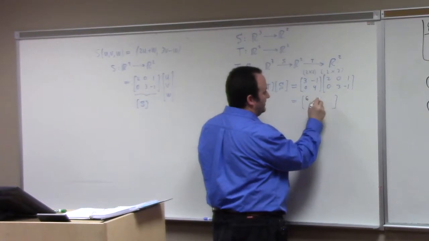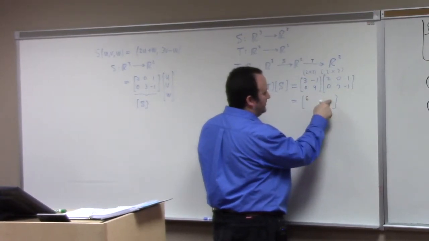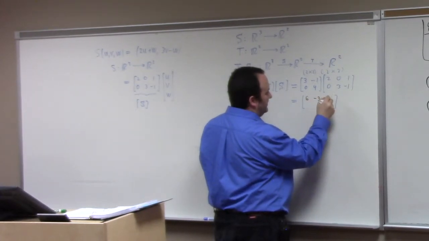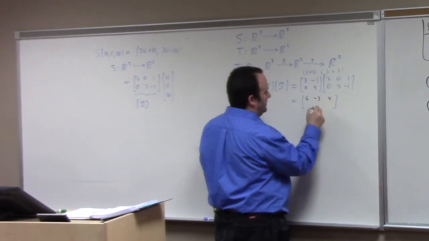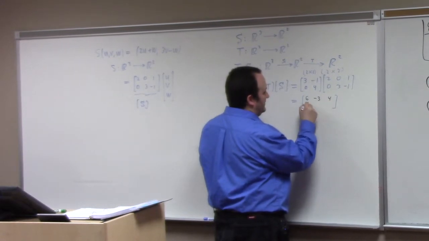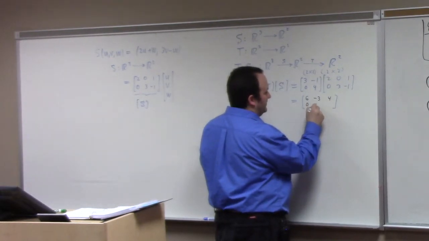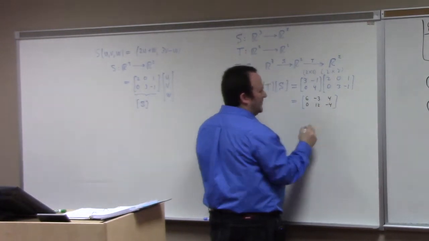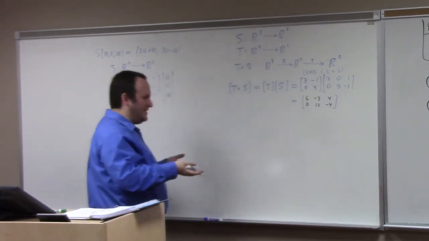Six, then what? Are you reading across the top row? Yeah. 6, then what? Negative 3. 4. Okay. Then 0. Negative 4. Okay. I'm sorry, I have some sort of mental block against doing that matrix multiplication right now.